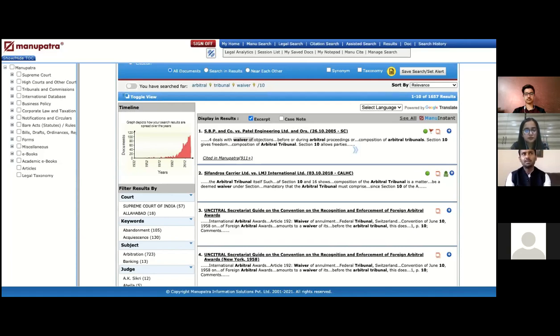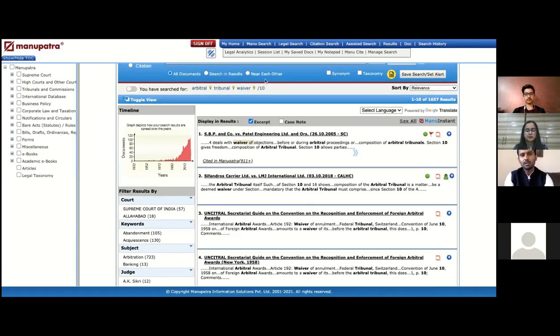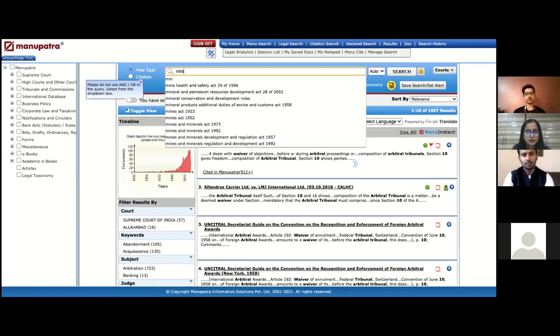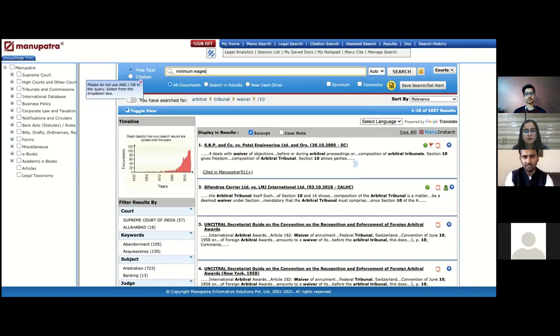So whenever we are to research, earlier I was researching on a case, minimum wages to be paid to an employee, then remuneration, all these keywords were there. So I'll right away start off with, say, minimum wages. I'll just type simply this query.